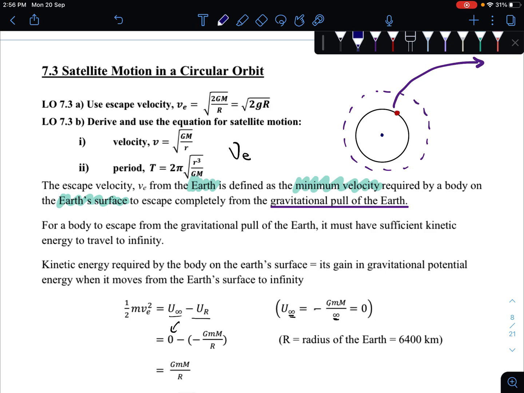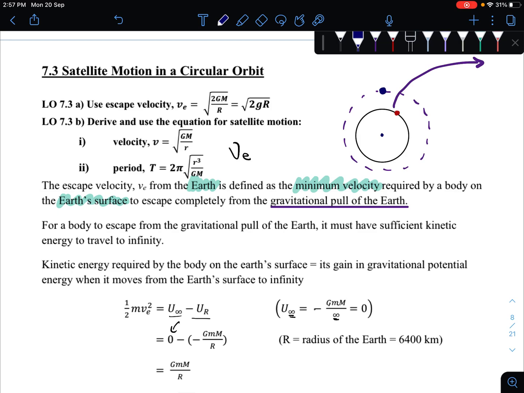Here in this orbit we have another planet, and the object is located on this particular planet. Similarly, you can still experience escape velocity because this object will experience the gravitational pull from the Earth too, since they are still close enough to experience that gravitational pull. So it is not necessarily from the Earth only. It can be escape velocity from any planet.